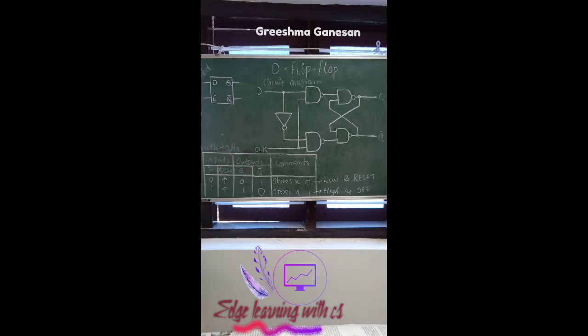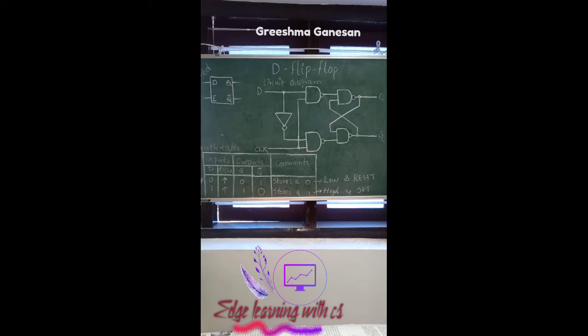It is very useful when a single data bit like 0 or 1 is passed to this input and stored there. In the truth table, the input values are D and clock. This incremental arrow mark shows that the clock pulse is high here.